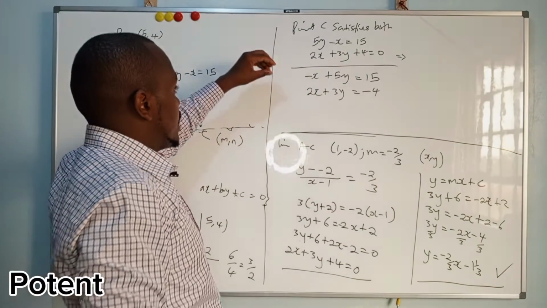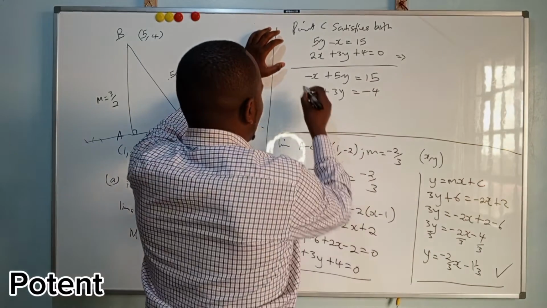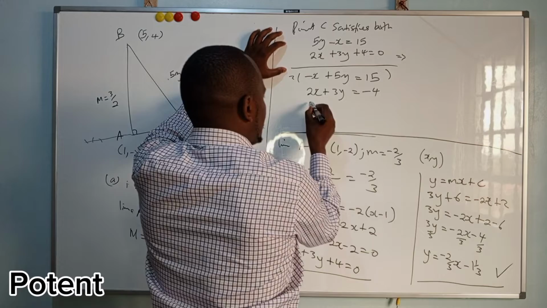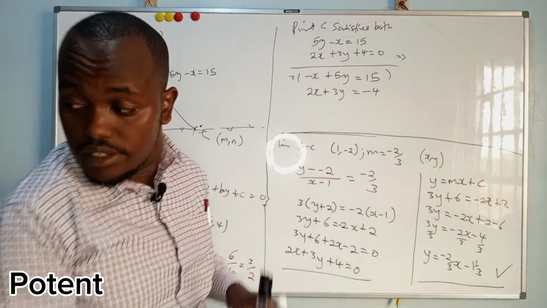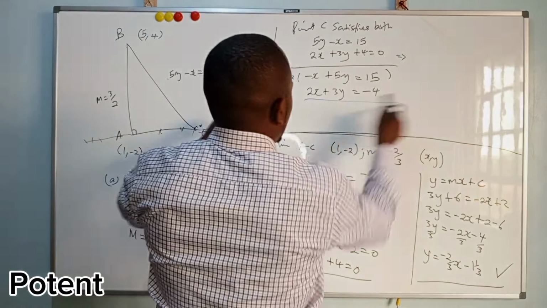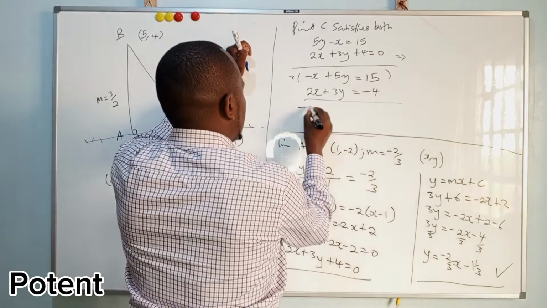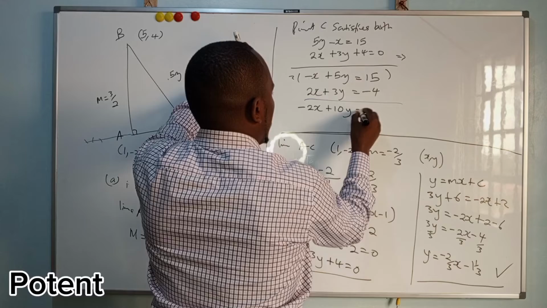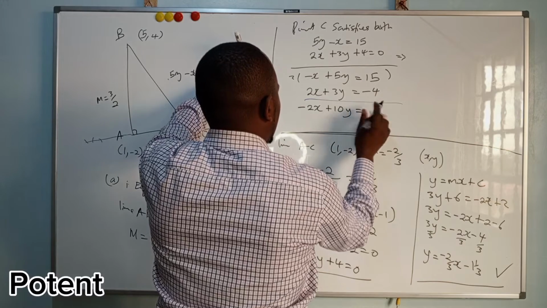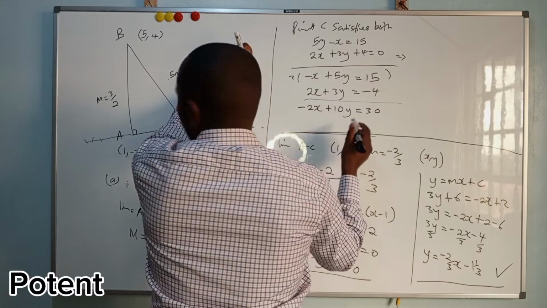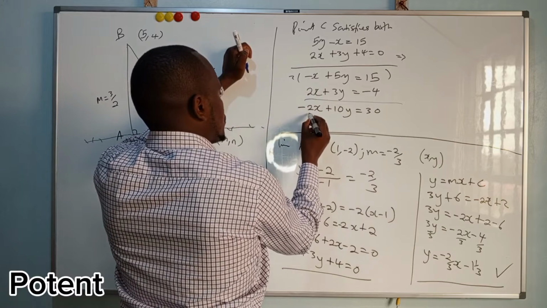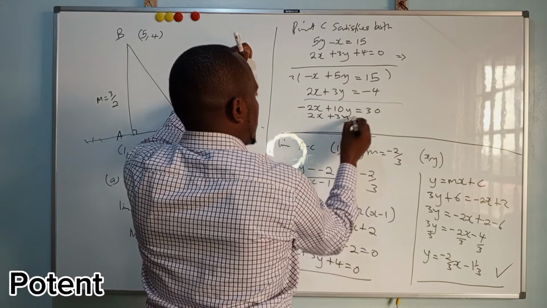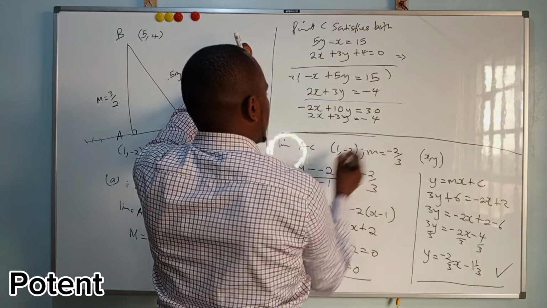You can use any method you want. Let us multiply the first by 2, and we have negative 2x plus 10y equals 30. And then this is 2x plus 3y equals negative 4.